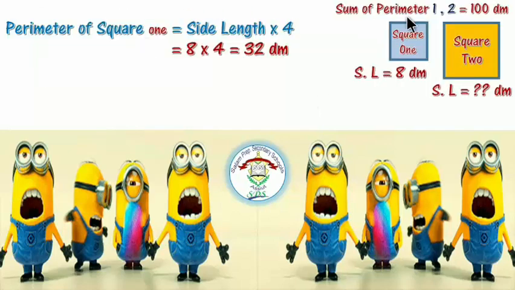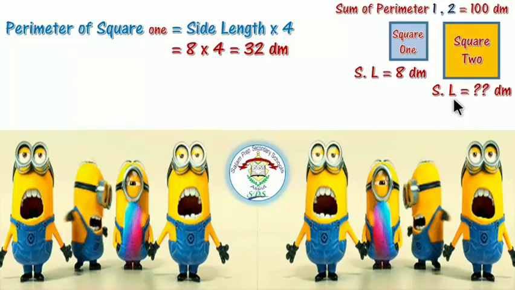We know we have two squares, square 1 and square 2. The sum of the perimeters of square 1 and square 2 equals 100 decimeters. The first square, we know side length equals 8 decimeters. But take care, square 2 we don't know the side length.